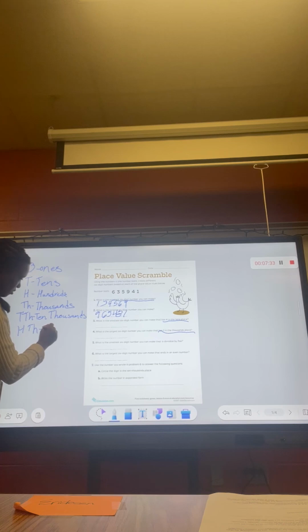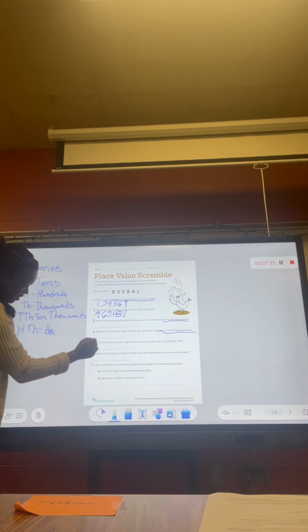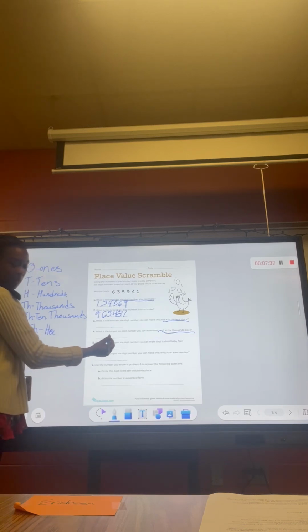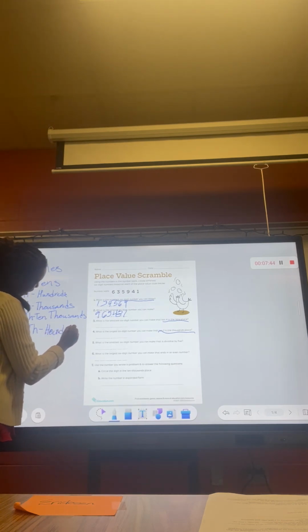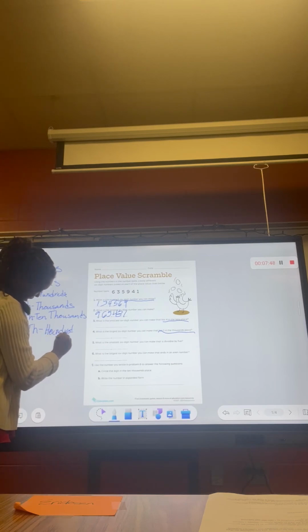And you will write those under each of those lines so you can keep up with your placement. So you can always keep the numbers in the right place.